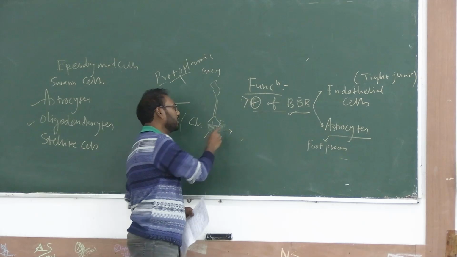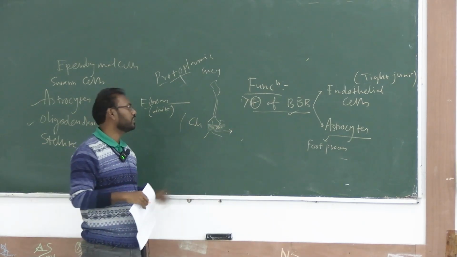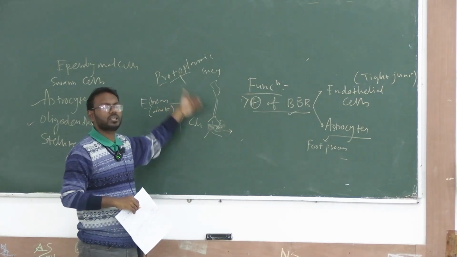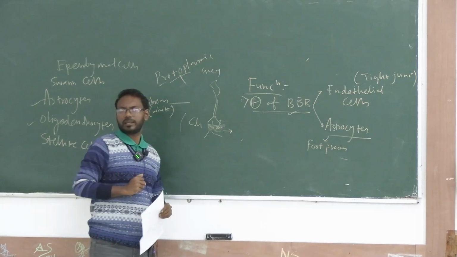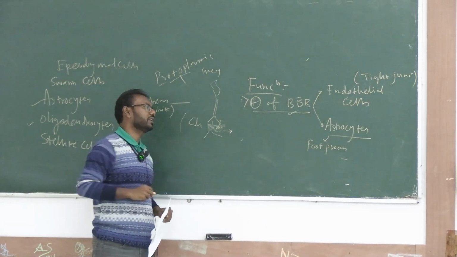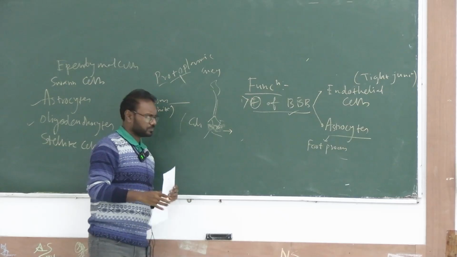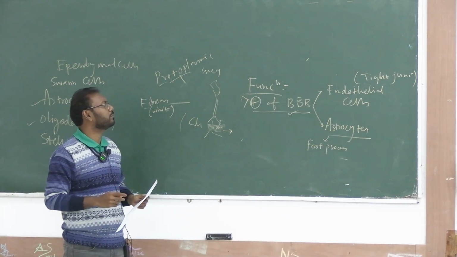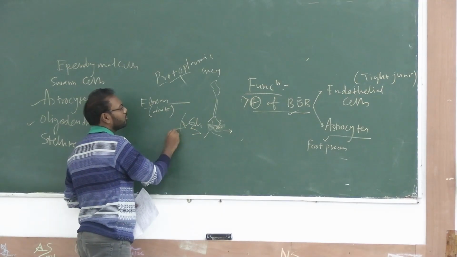But when these substances actually accumulate a lot in this area, what happens? The transmission may hamper. So the clearing of this synapse and also maintenance of this neural environment is also done by these astrocytes. These astrocytes are present nearby.